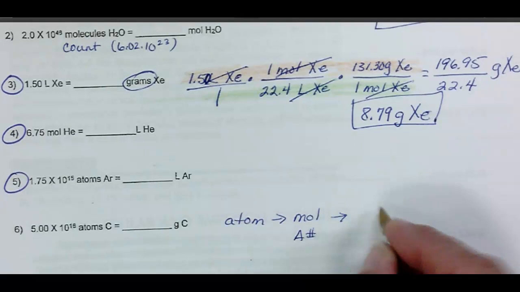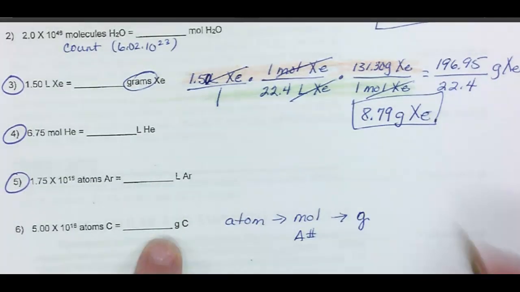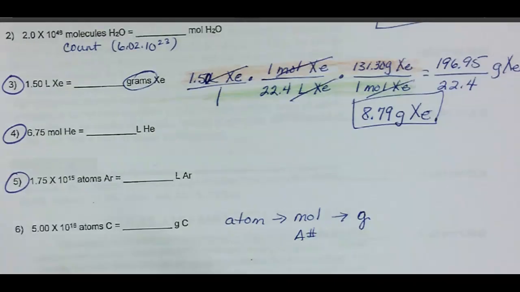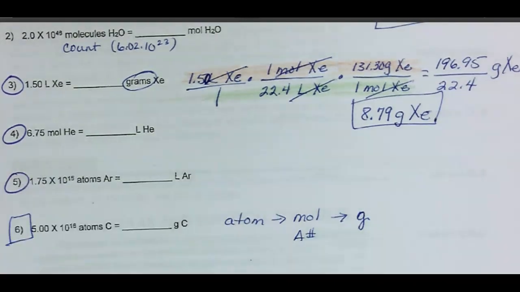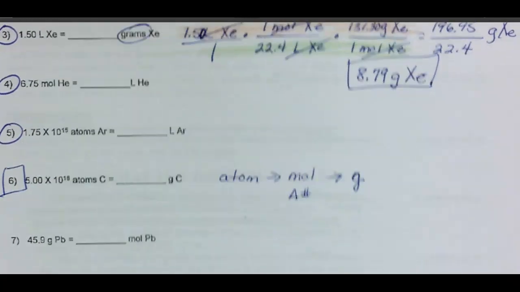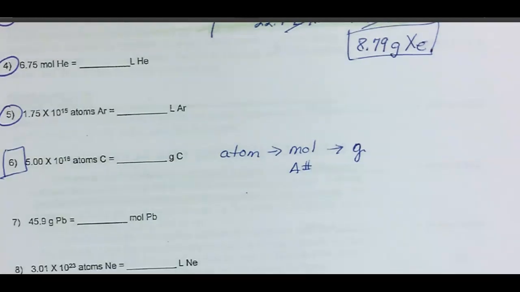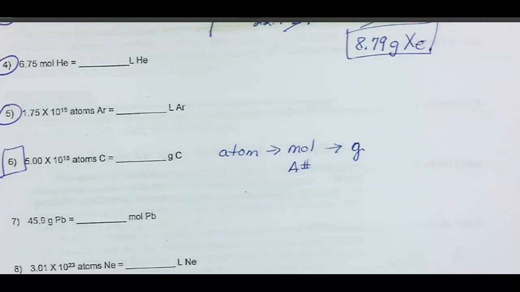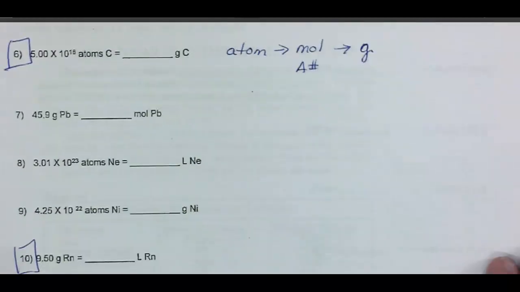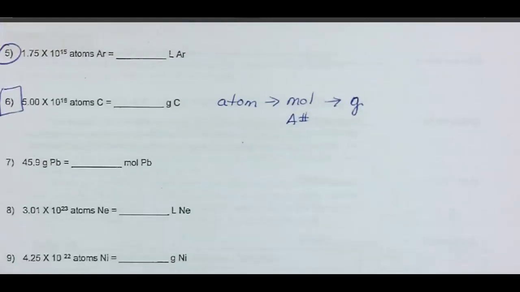And then from moles to grams. So you've got a 3-step problem here. So let's try that one, number 6. And then 10, and then 12. So try 6, 10, and 12, and see how well you can do on those.